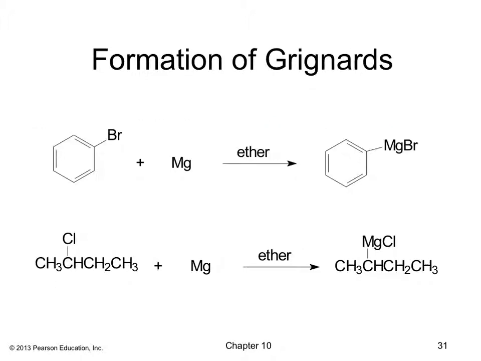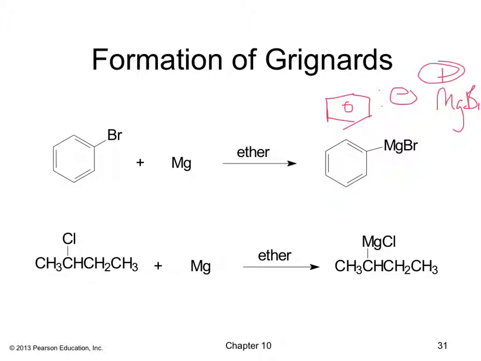Here are some examples of formation of Grignard reagents. Here's your alkyl halide in the presence of magnesium and ether. The magnesium essentially inserts in between, and what you're generating is this R, and then MgBr, and this would be positive charge.